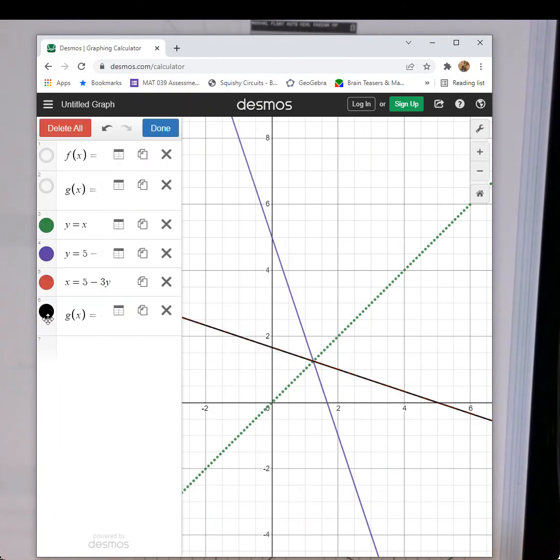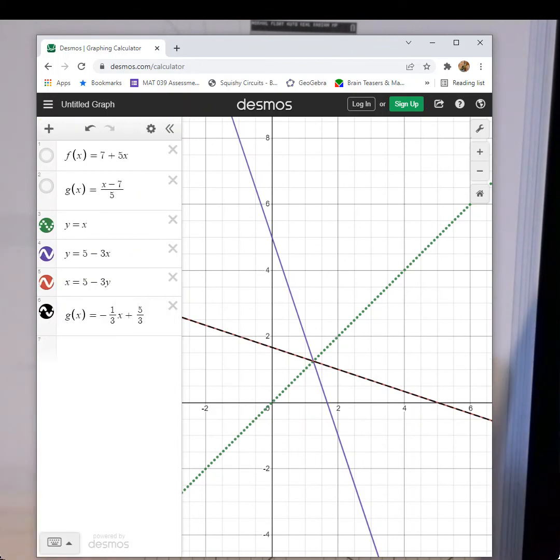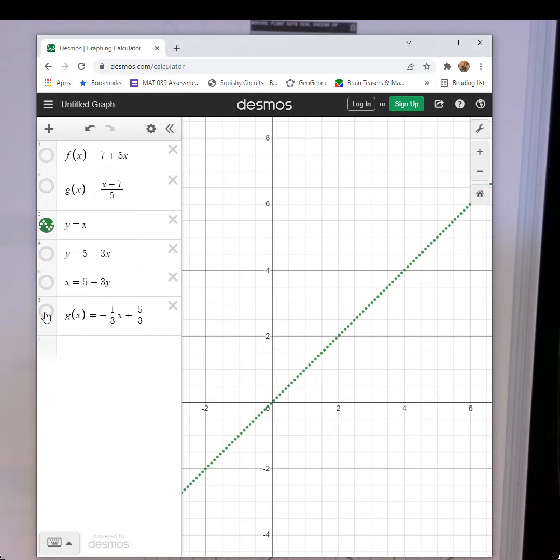If I dot this one or make this one dashed here, you'll see that it's the same as the function that we did get when we solved for the inverse here. So if you just wanted to see the inverse but not actually know what its equation is, swapping the letters would be sufficient. So I'm going to hide these examples and make something up.